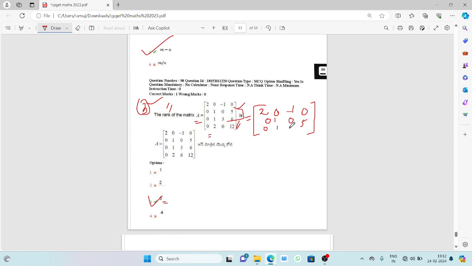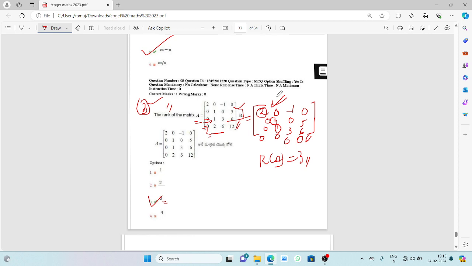1 3 6, but for the fourth row, if you multiply r3 by 2 and subtract it from r4, you just get 0 0 0. You can see clearly that there is a pivot element here, here, and here. So the rank of the given matrix A is 3, because we have only 3 pivot elements.